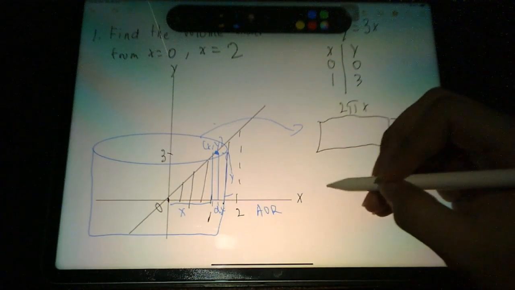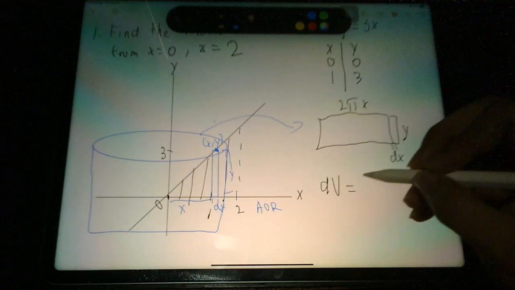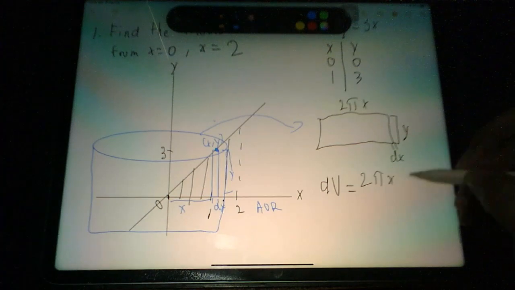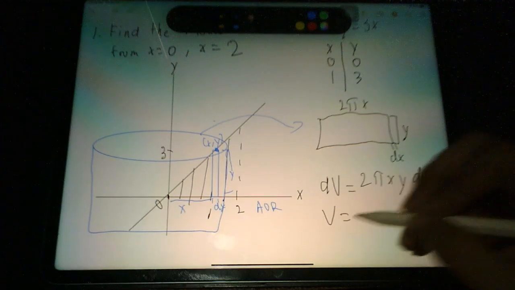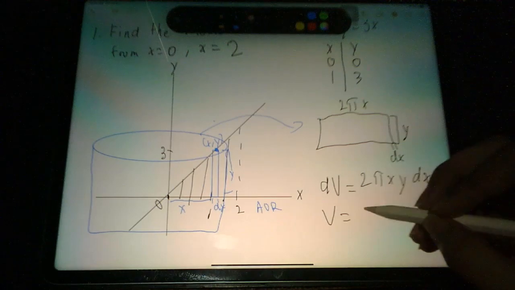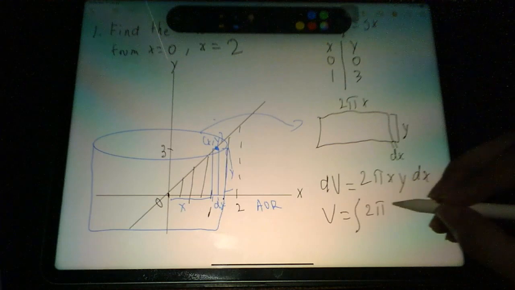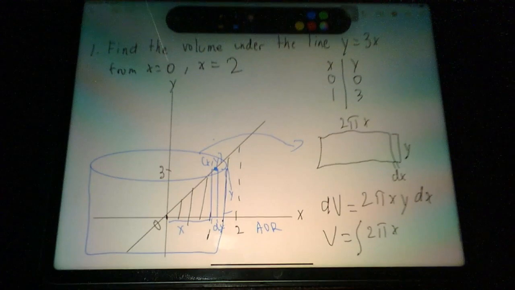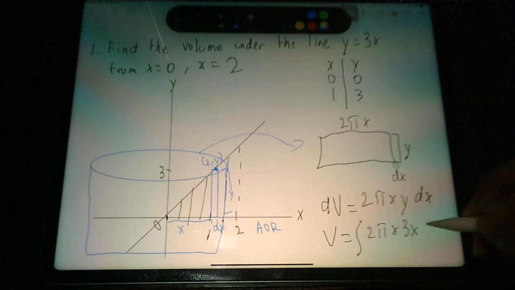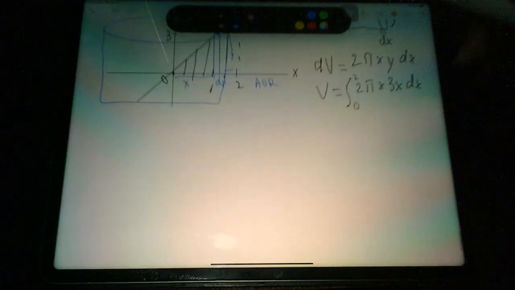So the differential volume is just equal to 2 pi x y dx. So the integral of our volume here is just equal to the integral of 2 pi x, and let's substitute y with our original equation, which is 3x, dx, with limits from 0 to 2. Okay, then we put it here.